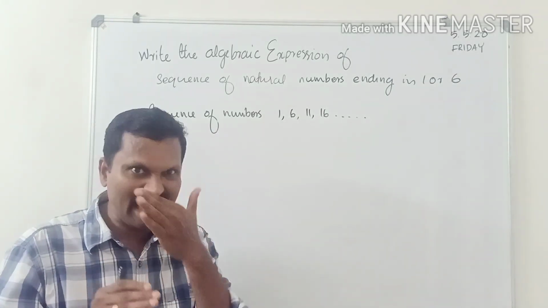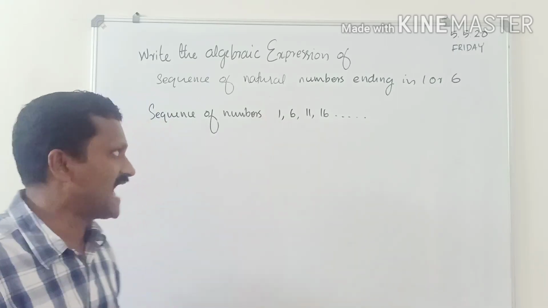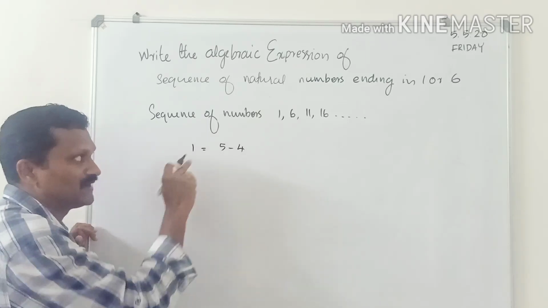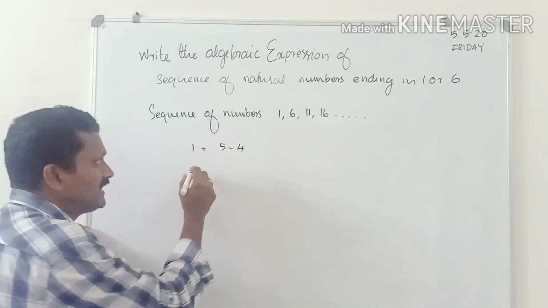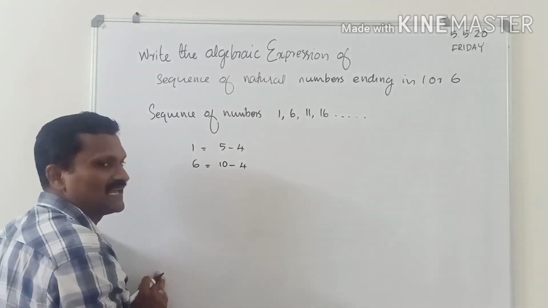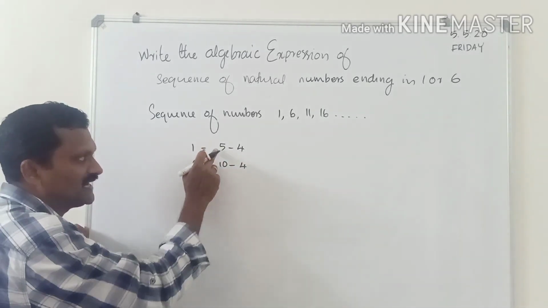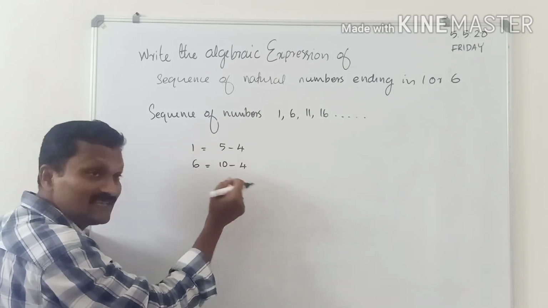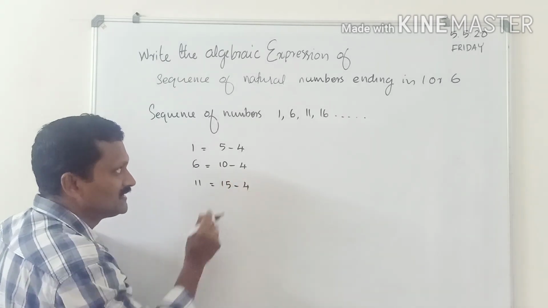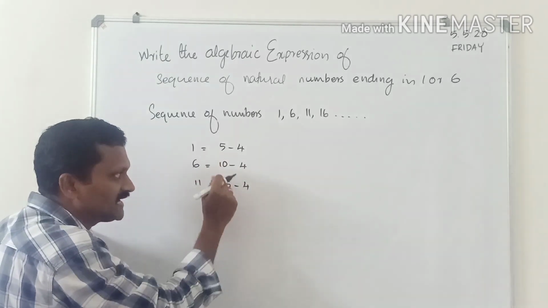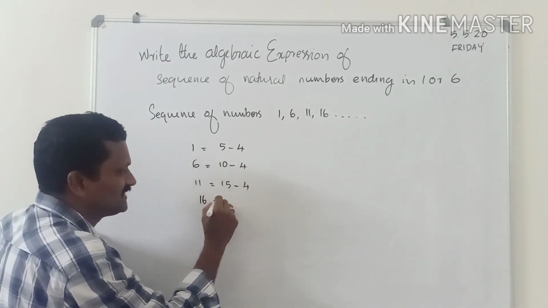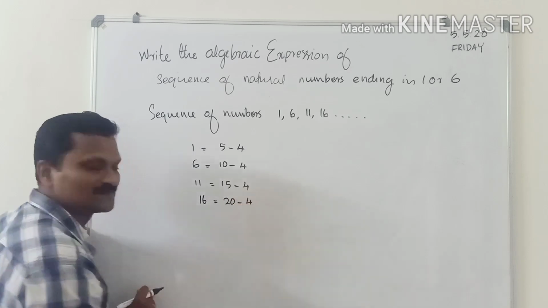First of all, we express these numbers: 1 equals 5 minus 4. Next, 6 equals 10 minus 4. Now you got the idea, 5, 10. Then the next number 15, that is 11 equals 15 minus 4. What's the next? 20, that is 16 equals 20 minus 4.